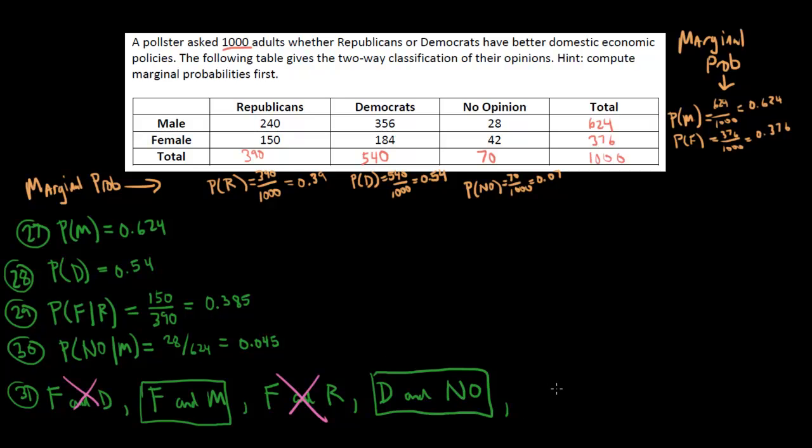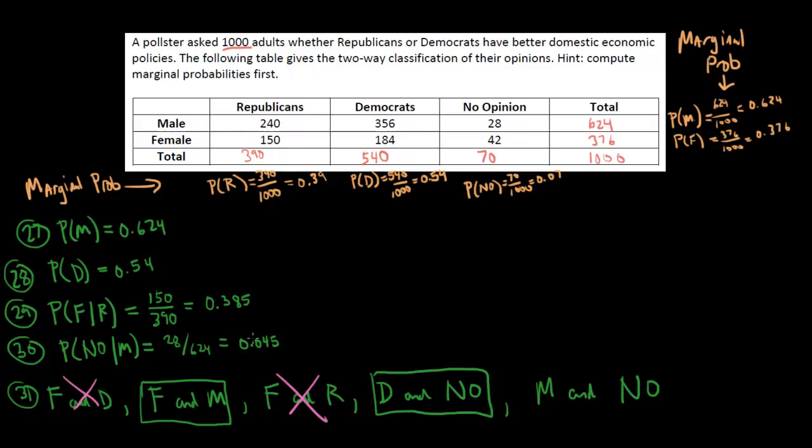And let's look at one more. There's several more, but if you follow the patterns here, you can figure out the rest. What about male and no opinion? Is it possible for the event male and the event no opinion to be satisfied at the same time? Well, yeah, we actually already found that probability right here.